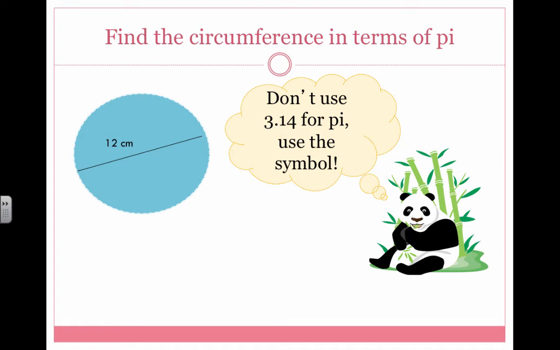That means don't use 3.14 for pi, use the symbol. So it's going to be circumference equals d times pi, but we're just going to write 12 times pi because the diameter is 12, and then you just use pi. You don't do any multiplication with that one.